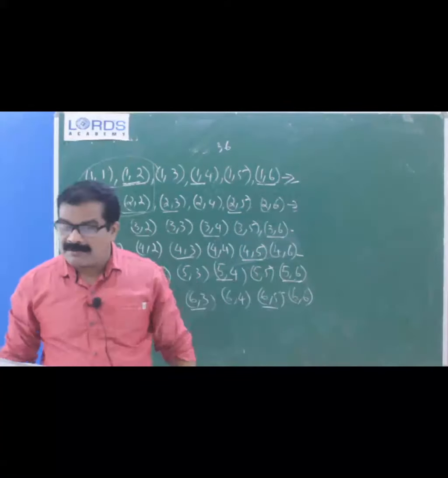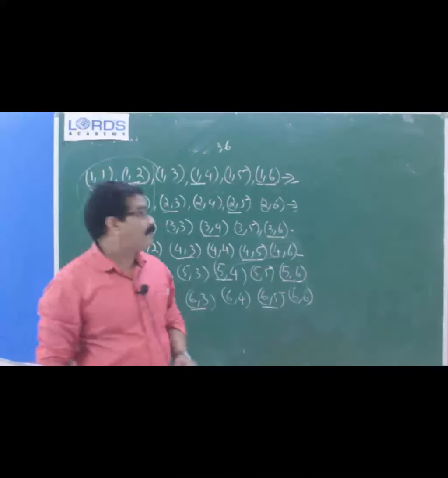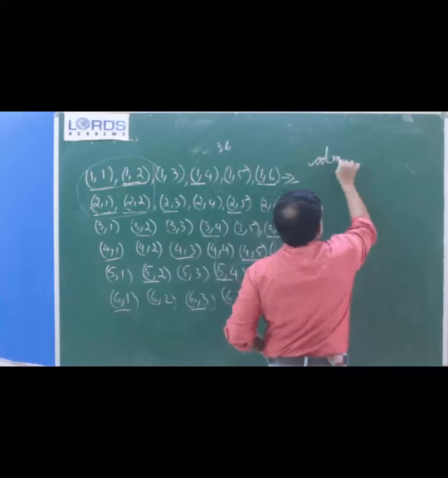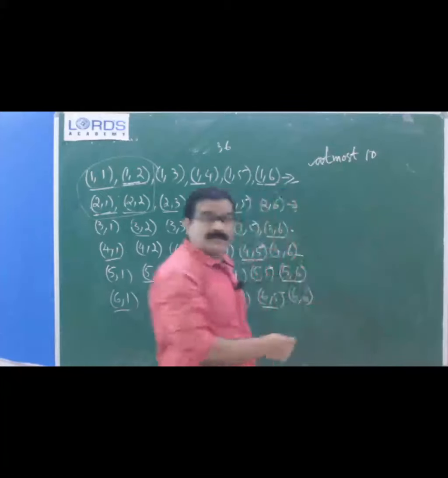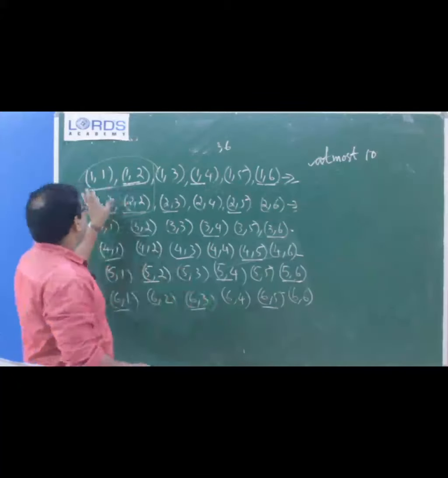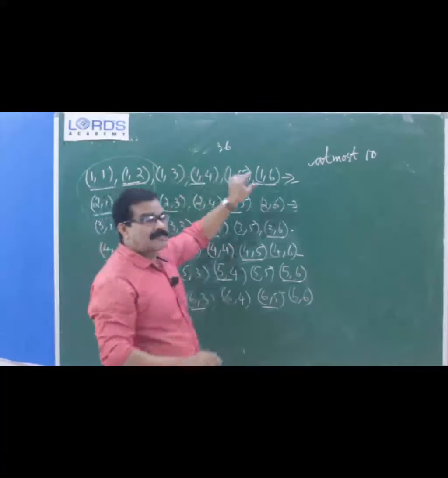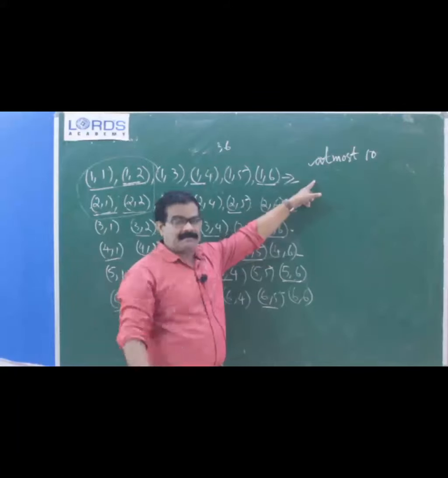Question, subdivision 4: a total of at most 10. What is the meaning of at most? When we add these two digits, you should get at most 10, which means you should get a maximum of 10.